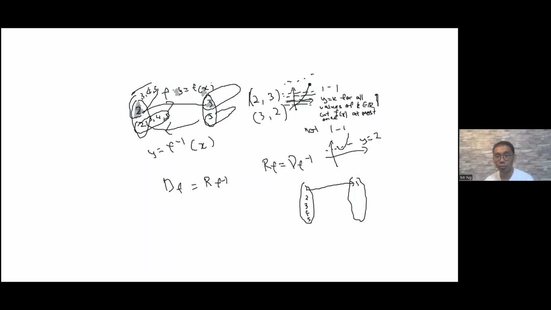So let's say since this one cuts twice, it is not one-to-one. So it's different.